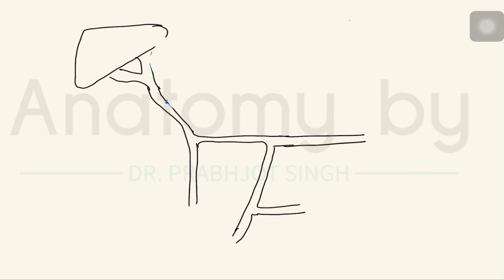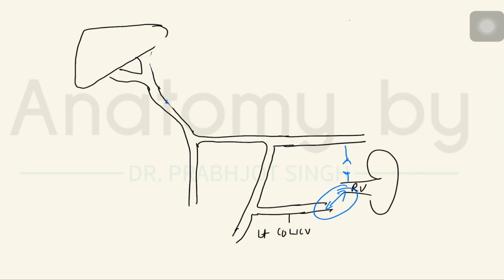So the other sites were basically, this is your colic vein, the left colic vein. In the posterior abdominal wall, you have a kidney. This is your renal vein. Renal vein forms anastomosis with the left colic vein as well as with the splenic vein.